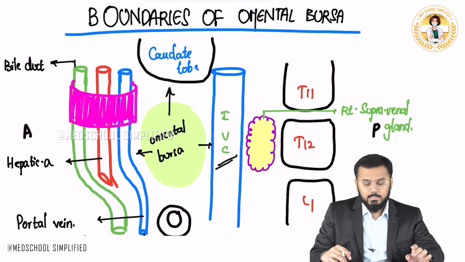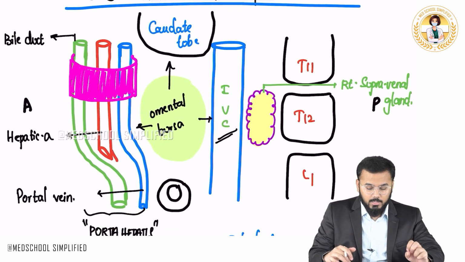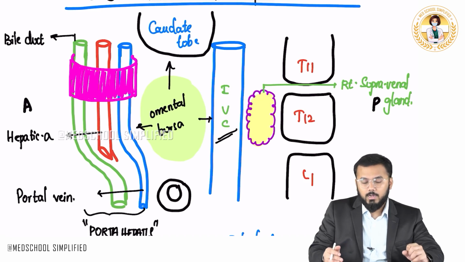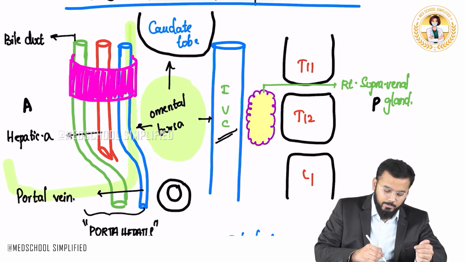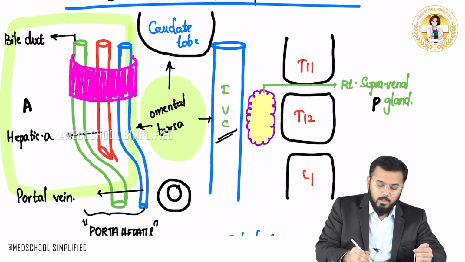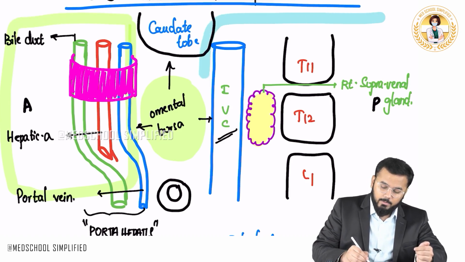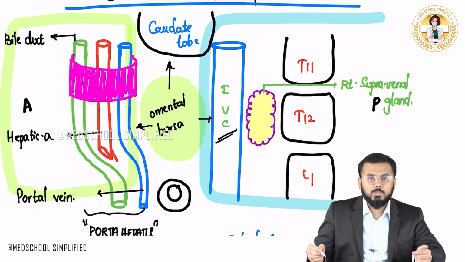So overall, let us look at the structures we have discussed regarding the boundaries of the omental bursa. We have anterior, posterior, superior and inferior. This entire part which I am highlighting is the anterior part. This part is the posterior part.